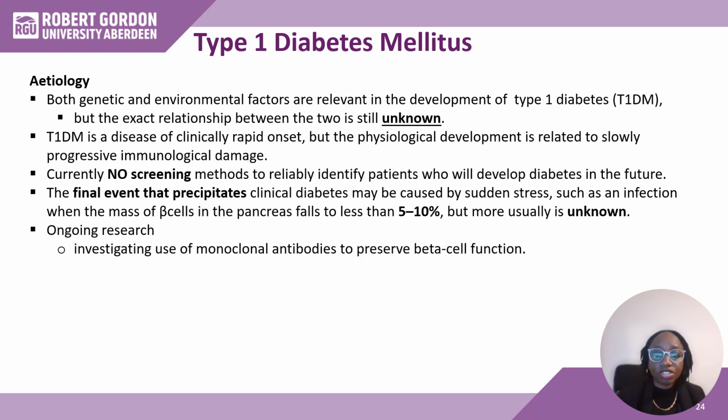There is ongoing research at the moment investigating ways to preserve that beta cell function, because as I've said, you need for it to go below 10%. So in theory, if we could keep that functionality above 10%, then potentially the person would not progress. But it's all still a work in progress.